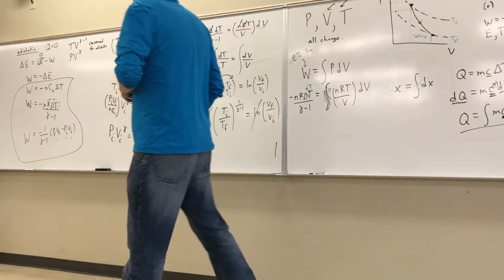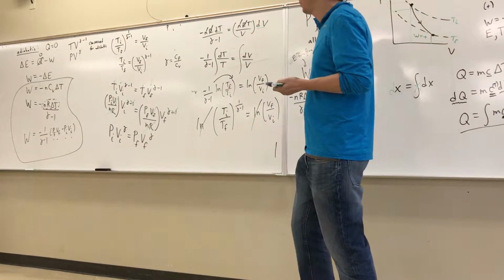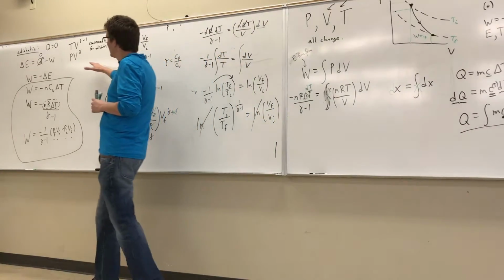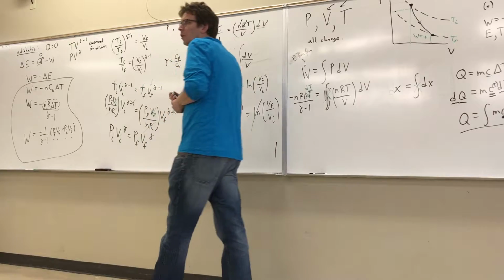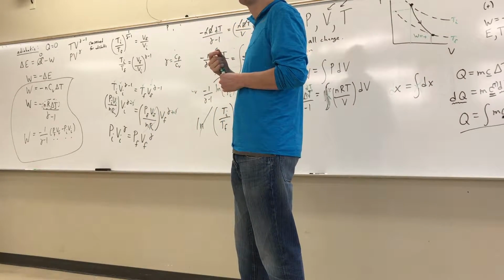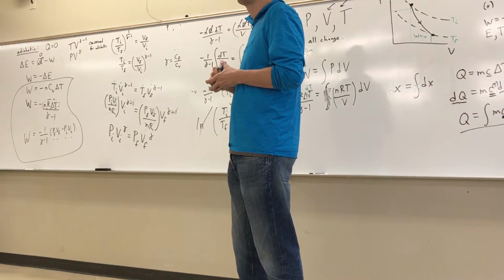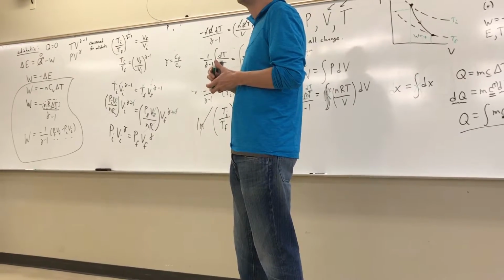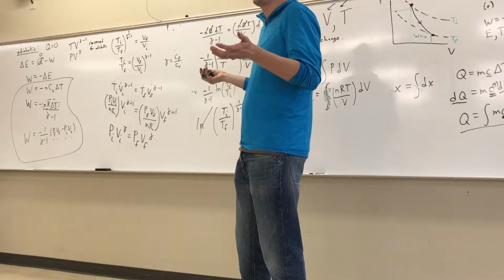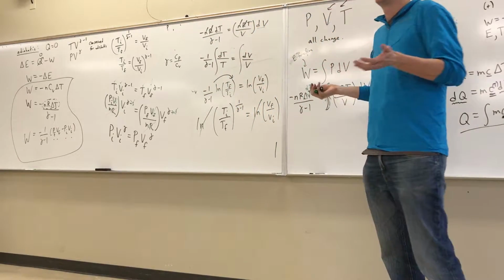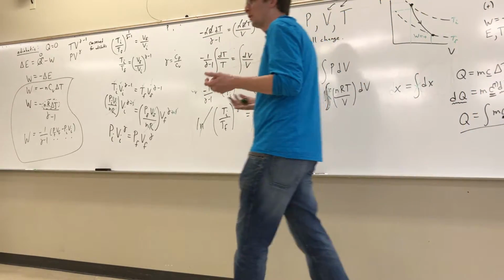So it's a totally different thing. It's something that we use when we're looking at a conserved quantity. Question? What is PV to the gamma, or sorry, TV to the gamma -1? What does that actually mean? Like, what is it? Oh, okay. A quantity which is conserved for an adiabatic process. I don't think it has any physical meaning beyond that.